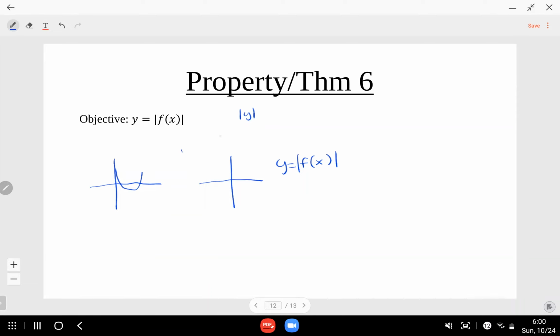So basically you're going to reflect all the negative y values. It's going to look like a W here. That is what it's going to look like.